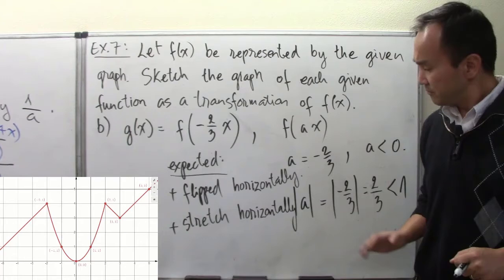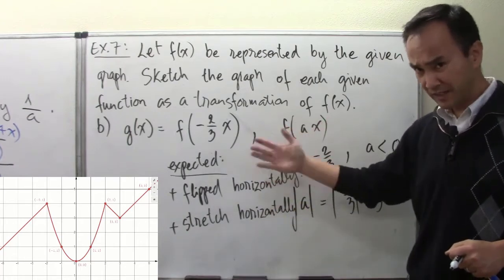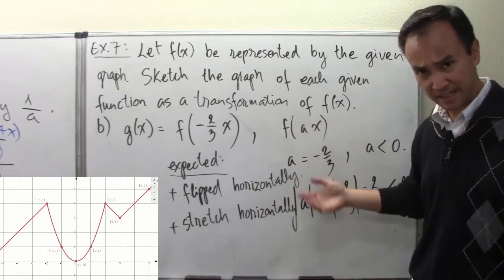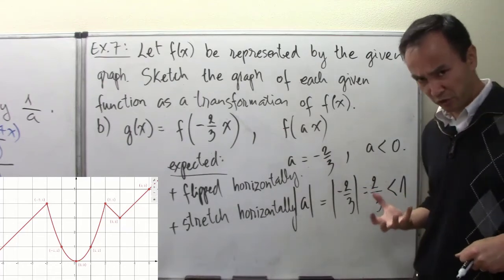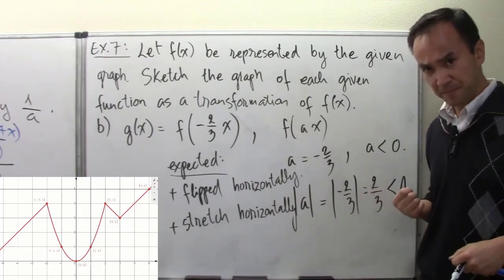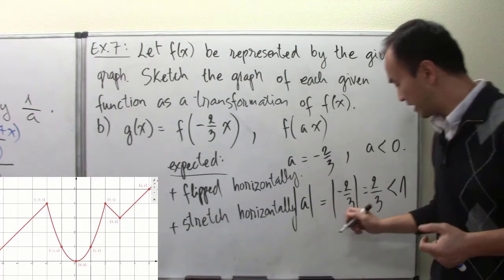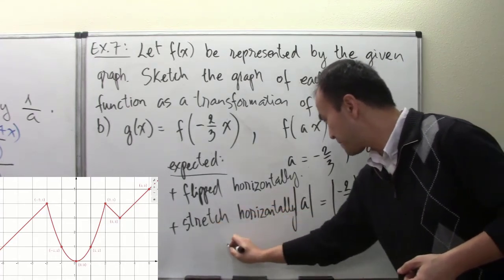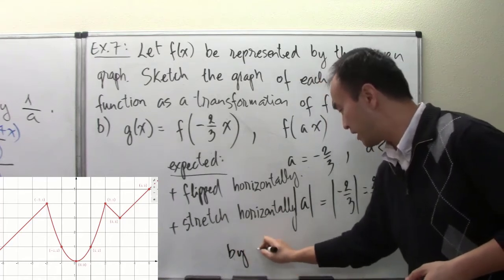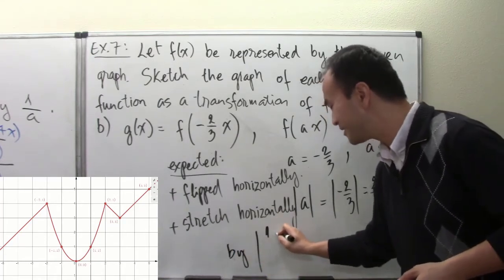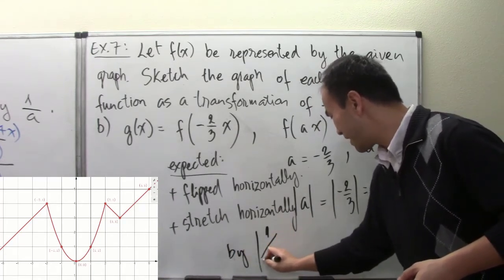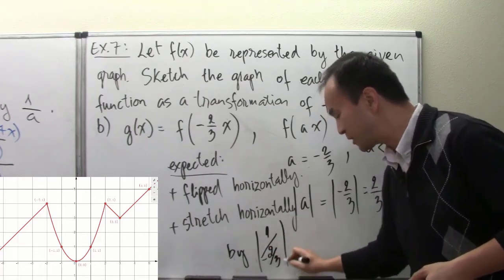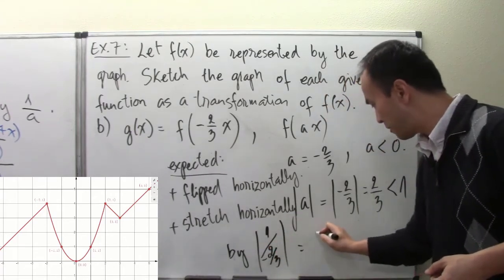But once again, now that we have all of these expectations, it's not that simple to put it in, especially when it comes to precise scale. Because yes, we're going to stretch horizontally by the scale of the absolute value of 1 over minus 2/3. That's to be precise, which is a scale by 3/2.